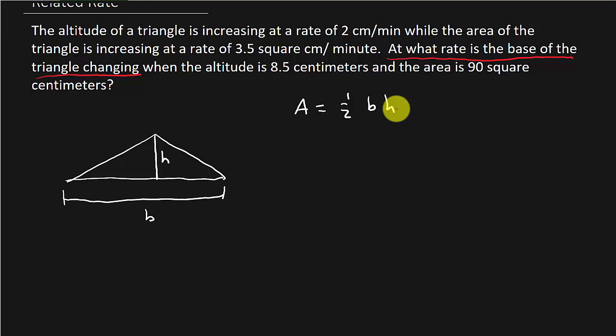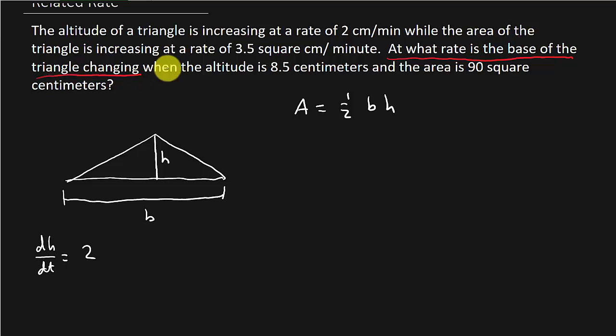Well, let's go ahead and write down all the things that they're giving us. It says the altitude is increasing at 2 centimeters per minute. The altitude is the height, so that's the change in the height. That tells us that dH/dt, the change in height, is 2 centimeters per minute.